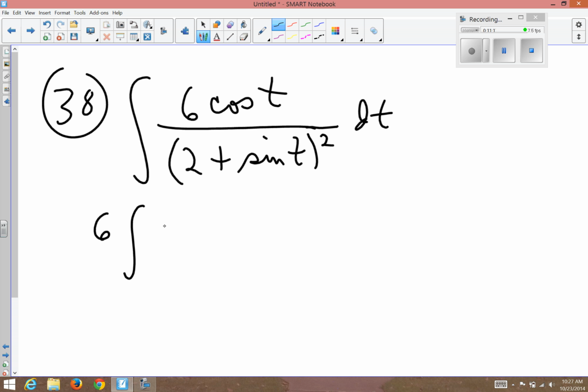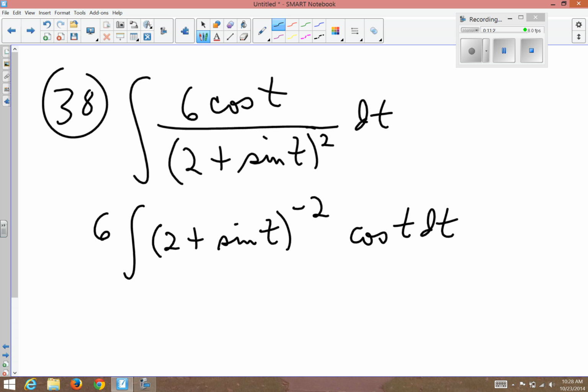All this in the denominator I'm going to write as 2 plus sine t in parentheses to the negative 2, with cosine t dt all next to that. This exponent is now negative because it's not in the denominator anymore. Cosine t dt is still there. The 6 that's here is to the left, as usual.